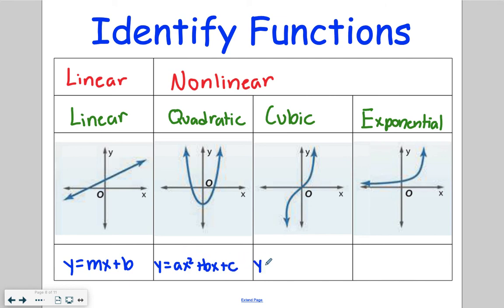Your cubic being ax to the third plus bx squared plus cx plus d, making sure they have that x to the third power. And then your exponential being y equals a times b to the x power plus c, making sure that exponent is the x.